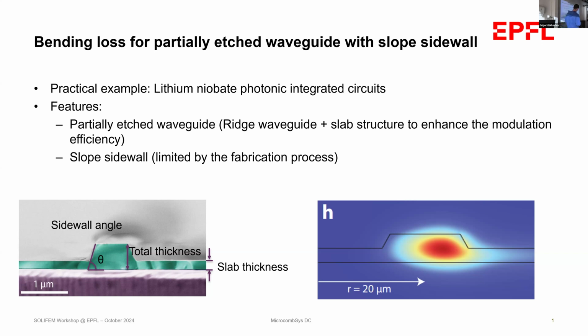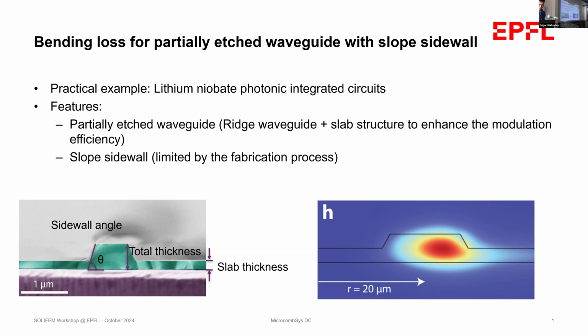As you can see here, when we use a 20 micrometer bend ring resonator, the mode can leak to the slab layer. And in that case, when the slab layer becomes thicker, the leakage becomes larger. Then your bending loss can increase to several dB per meter. So in that case, this bending loss sets larger limits on the minimum radius or the minimum bend.